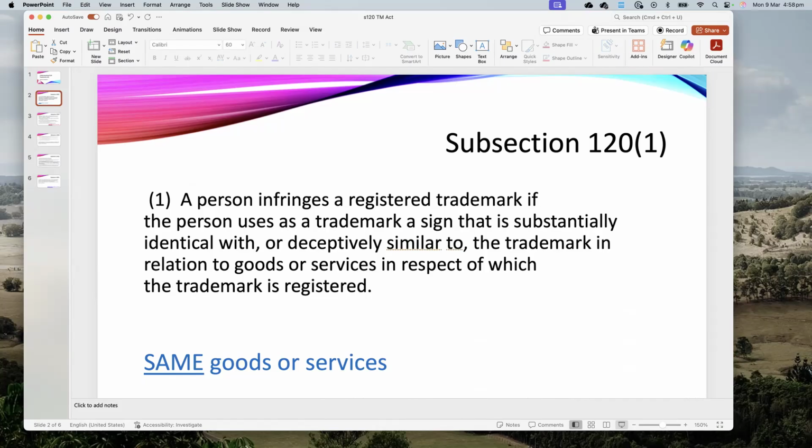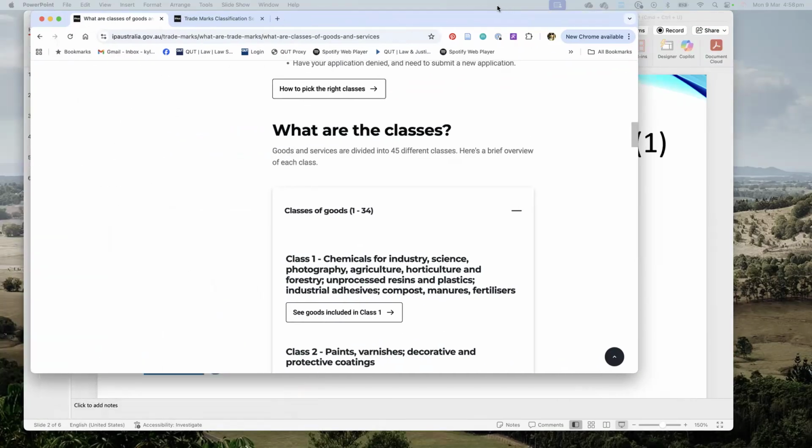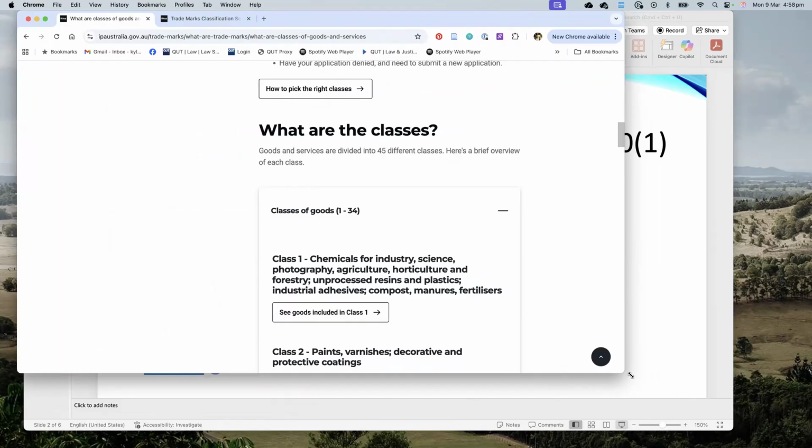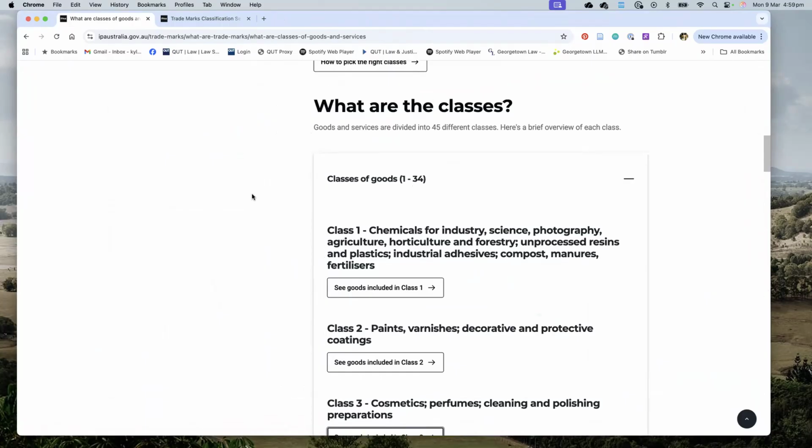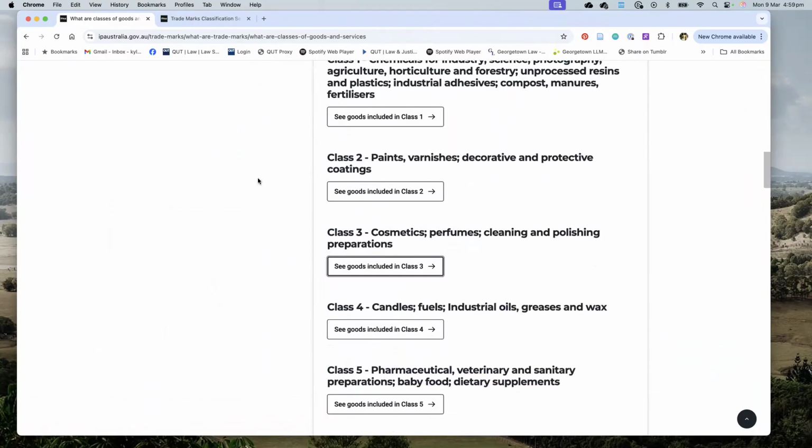Let's take a look, for example. Here I've got on the IP Australia website, there are 34 classes of goods and some other classes for services, 45 different classes in total. But let's have a look at just how big these classes are.